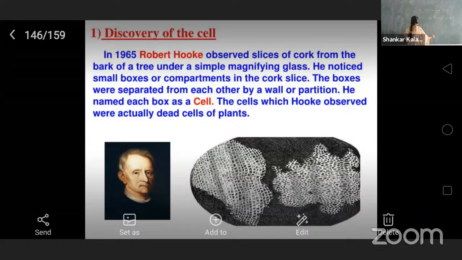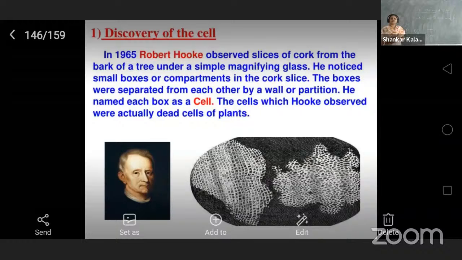We have organs like heart, lungs, kidneys, brain. These are all made up of cells. Understood, students? Now, how it is formed, who formed this cell, and what is the function of this? We should know about this.